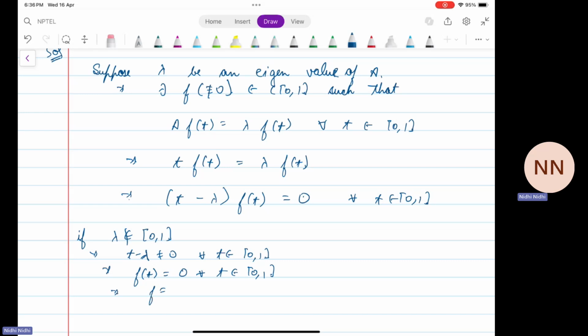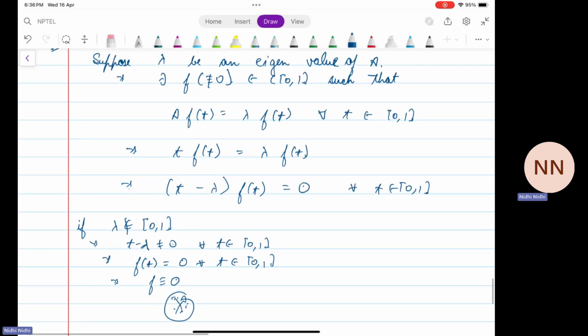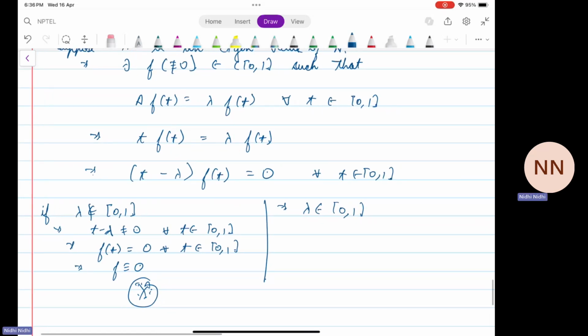This implies f is trivially 0, which is not the case, because f is an eigenvector, and eigenvectors are non-zero vectors. Now this implies lambda belongs to the closed interval 0 to 1, or we can say that lambda is equal to t naught for some t naught in the closed interval 0 to 1.